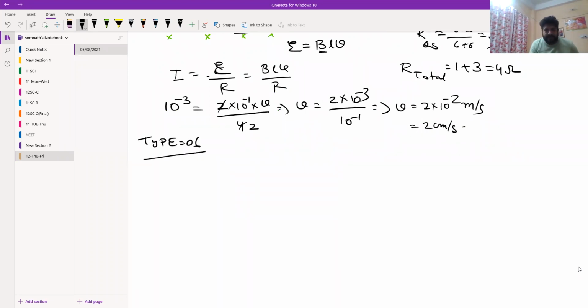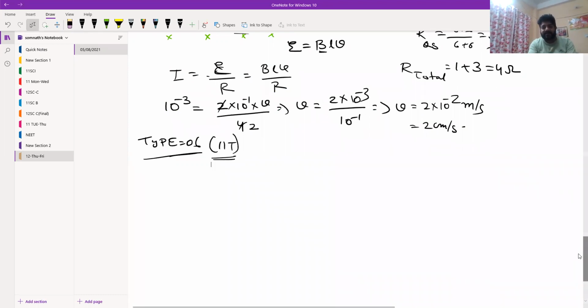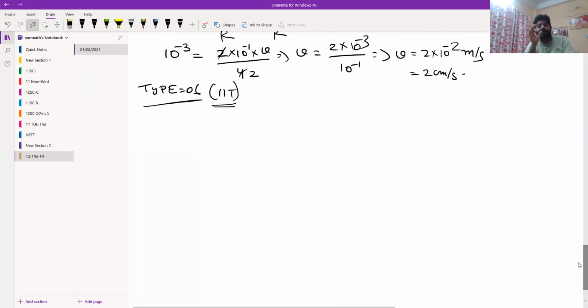Type 6, last question for today. That is also an IIT question. In IIT, this question was also asked, a lovely question. So electromagnetic induction and magnetic field is, in terms of entrance exams, one of the favorite topics. They combine electromagnetic induction and magnetic field and give you the question. See, the next question.